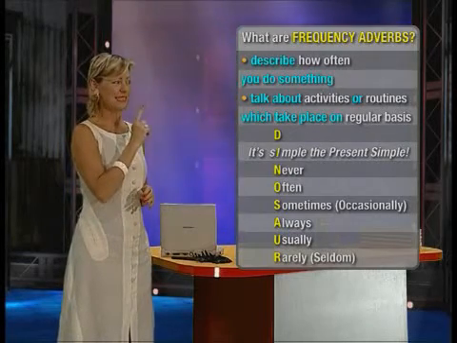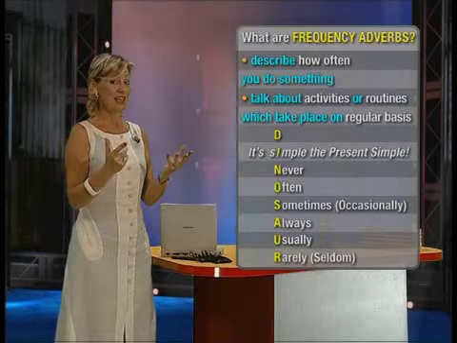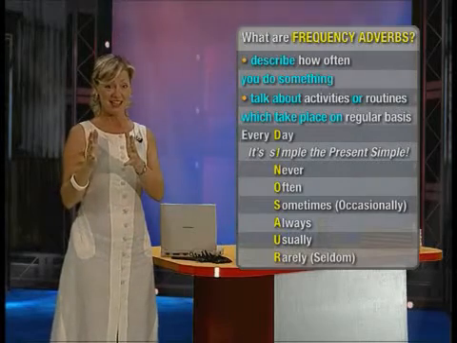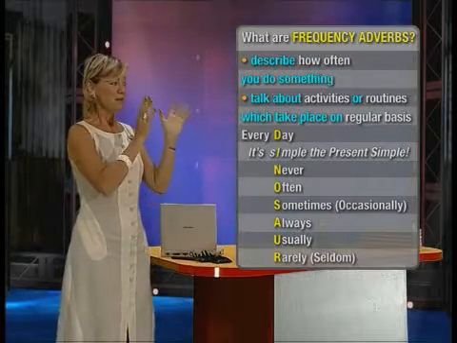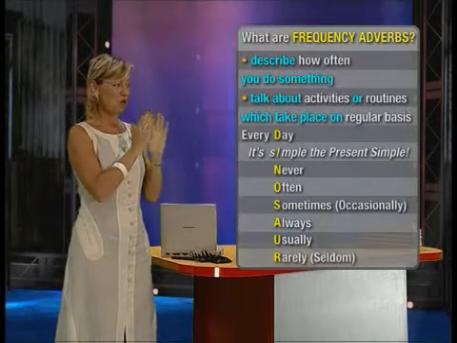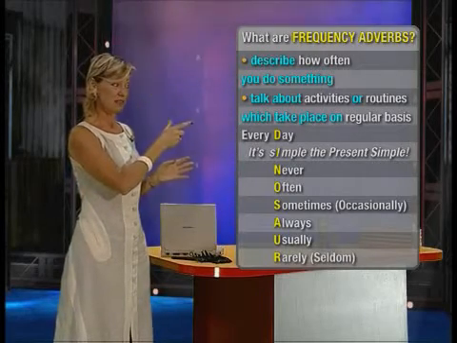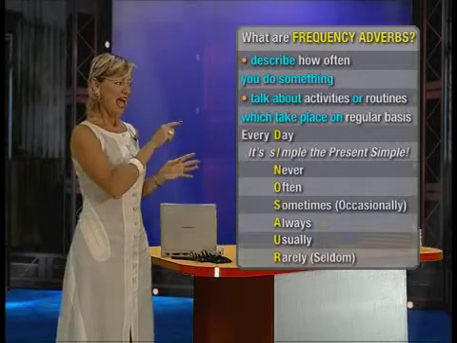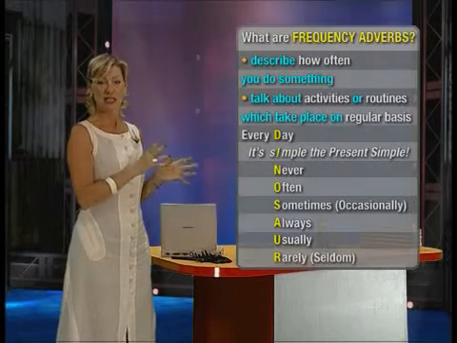We've got D. Monday, Tuesday, Wednesday, Thursday, Friday, Saturday, Sunday is a bit strange, this. Every day. All right, so those are the main frequency adverbs. Every day, never, often, sometimes, always, usually, rarely. You notice sometimes is also the same as occasionally, and another way to say rarely is seldom.